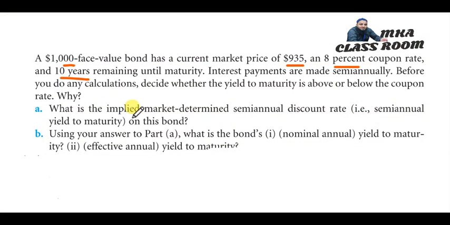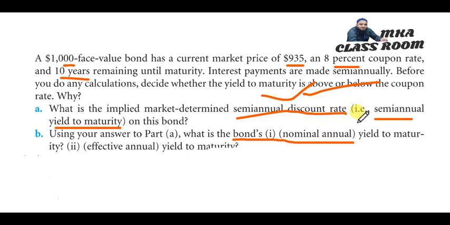So here we will say the semi-annual discount rate or semi-annual yield to maturity, same thing. We have found 4.47. Then the nominal annual rate is the semi-annual yield to maturity into 2, very easy to calculate, and then the effective rate. So the effective interest rate formula is (1 plus semi-annual YTM) power 2 minus 1.